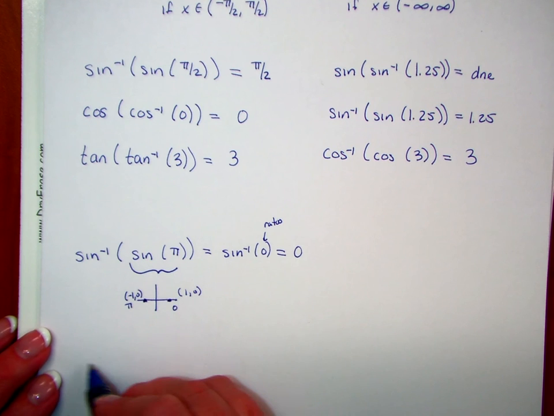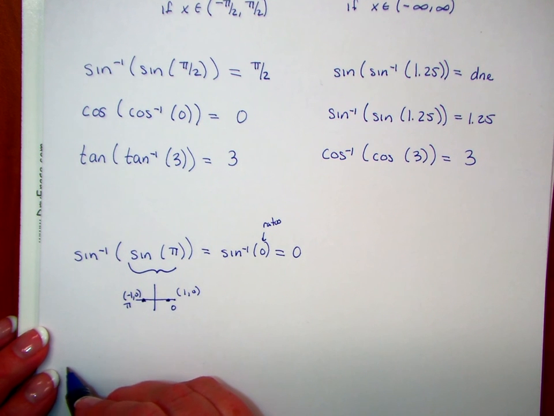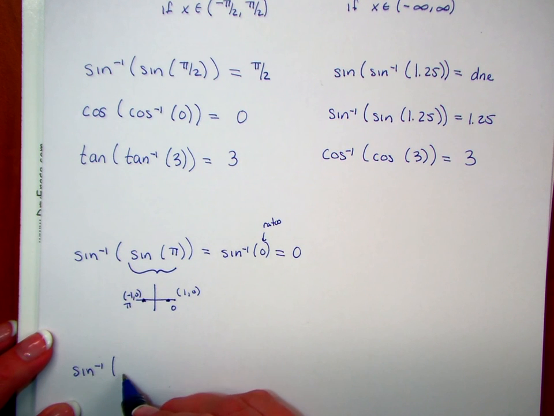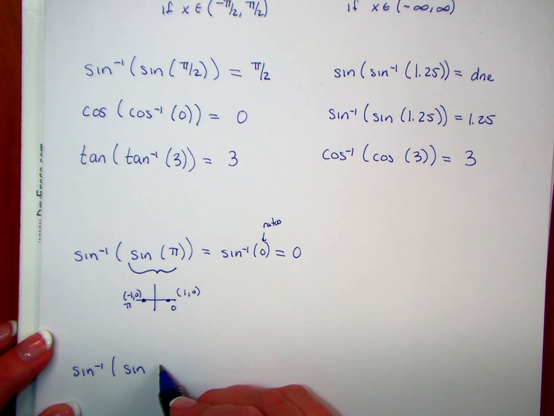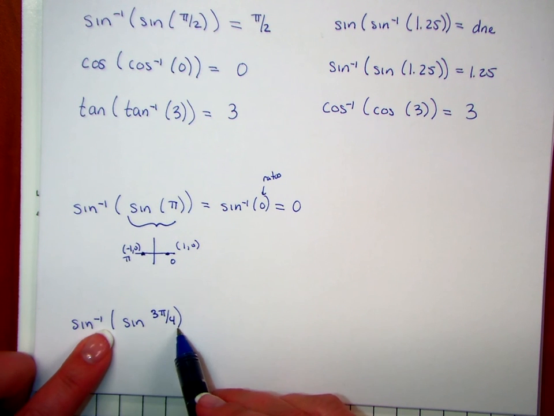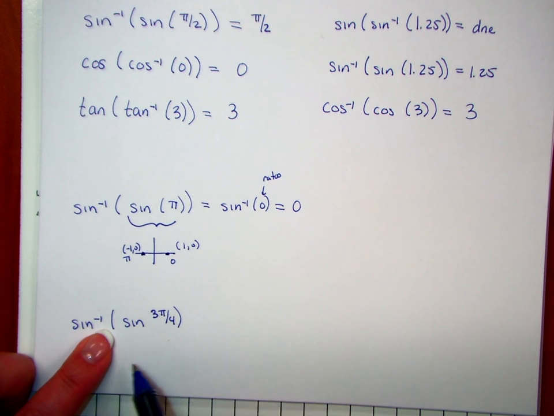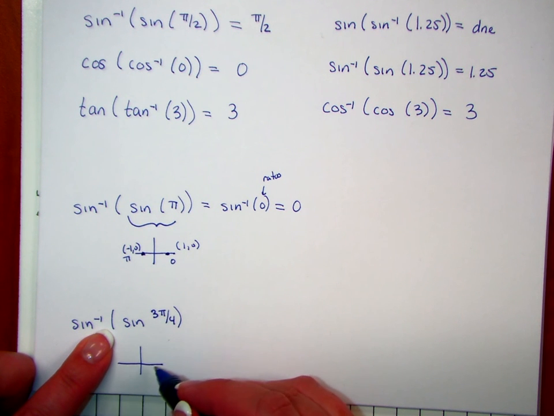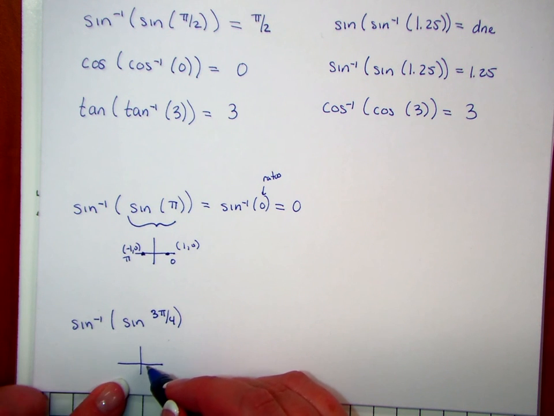Let's do another one: sine inverse of sine of 3 pi over 4. 3 pi over 4 is in quadrant 2. It is 135 degrees, so it's over here.